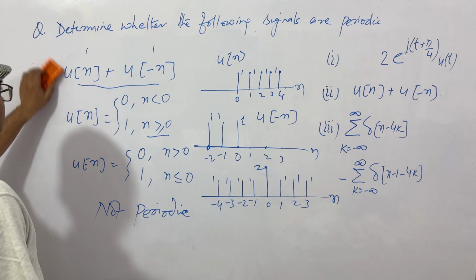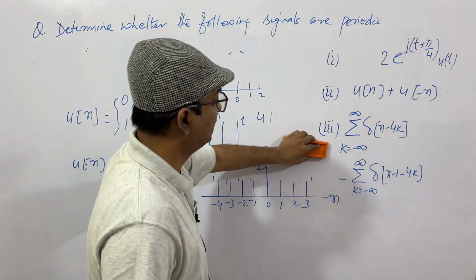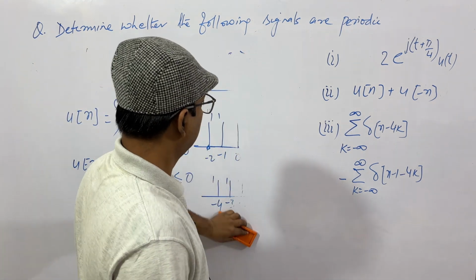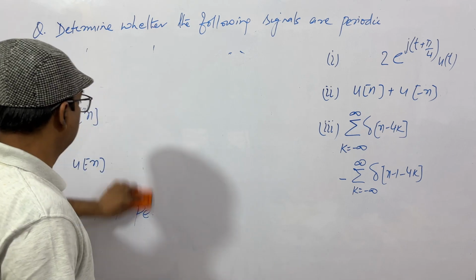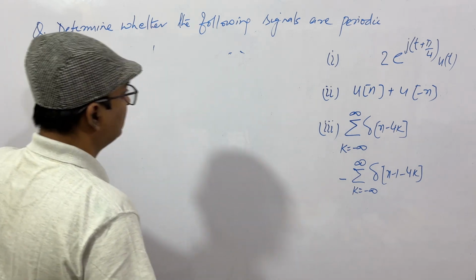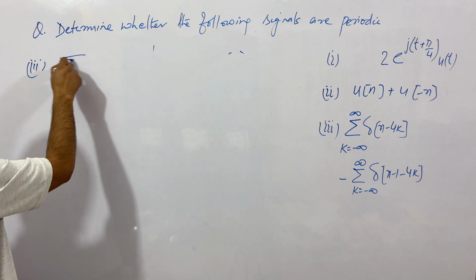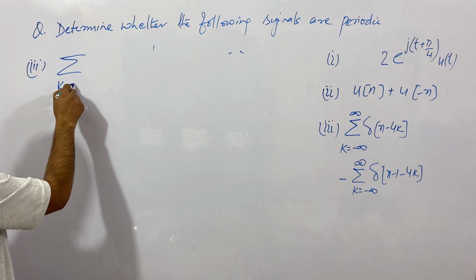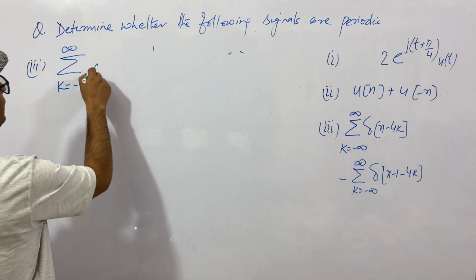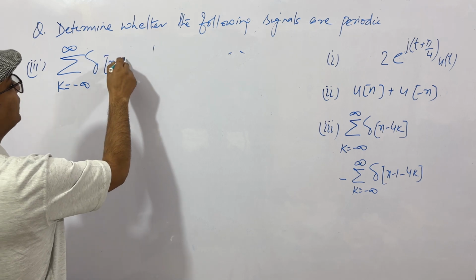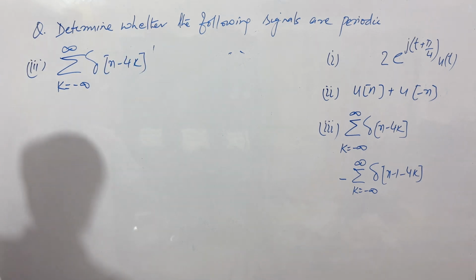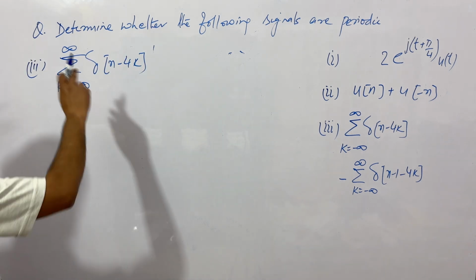Okay. Now let's see our third question. The first signal is summation k equal to minus infinity to infinity of del n minus 4k. Okay. So what will be this signal?